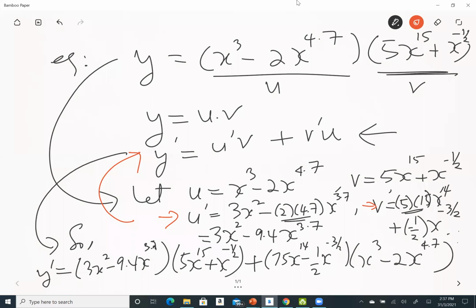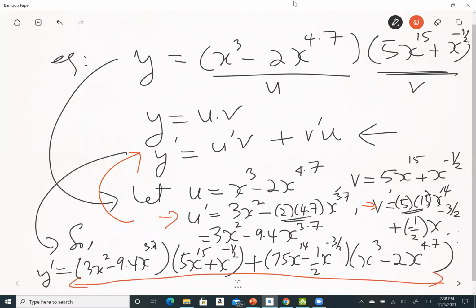Same thing, plus u v prime. Or if I follow the order of my rule, u prime, which is 3x squared minus 9.4, multiplied by x to the power of 3.7, that's u prime multiplied by v. Okay, so I got that.